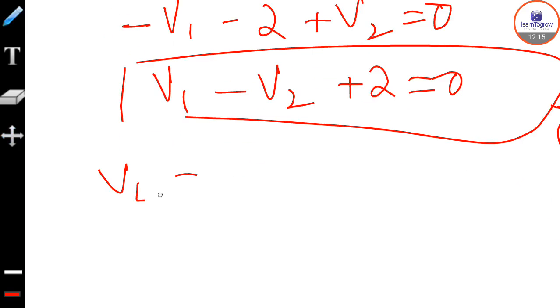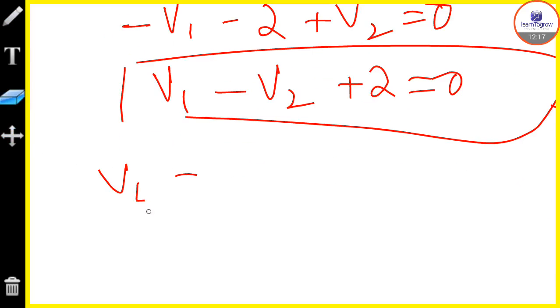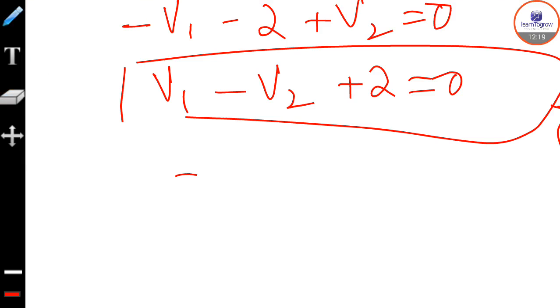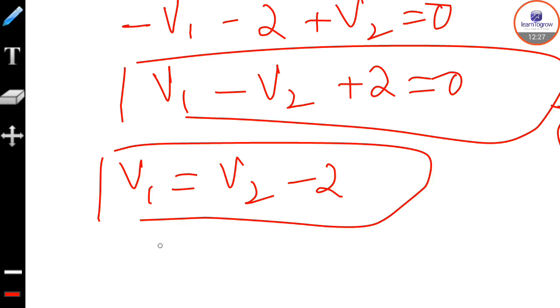It will become V2 minus 2. Okay. I have made this in this form and I am now putting it in equation 1.